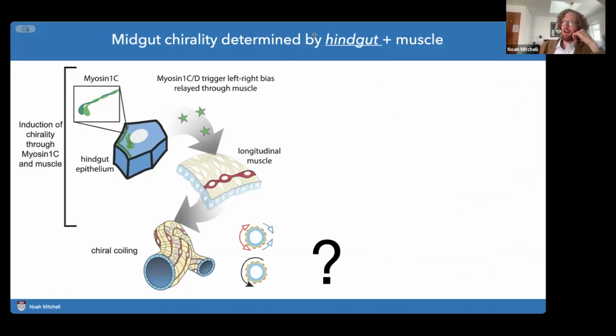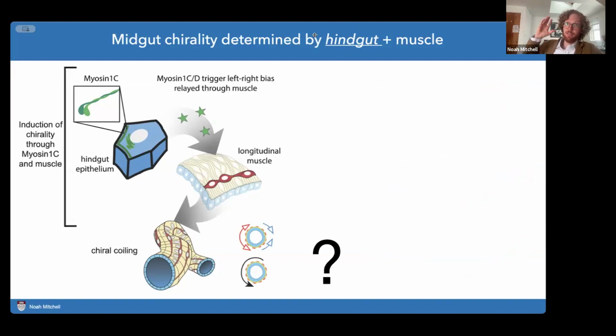So at this stage, when the gut is coiling, then yes, they are starting to contract. I'll show just one video of this in the second part of the talk, but we actually have a whole project on the calcium regulation in these cells.